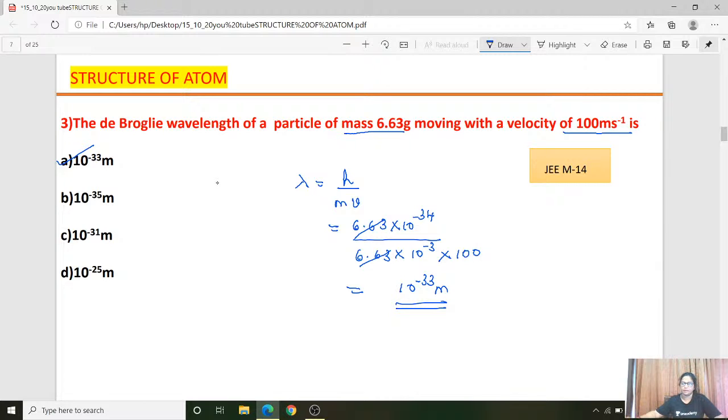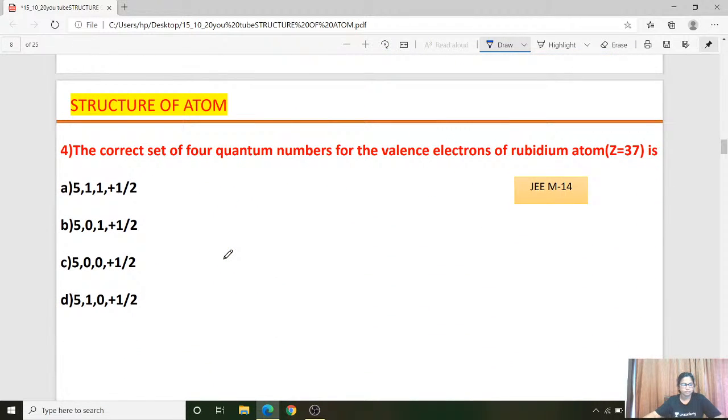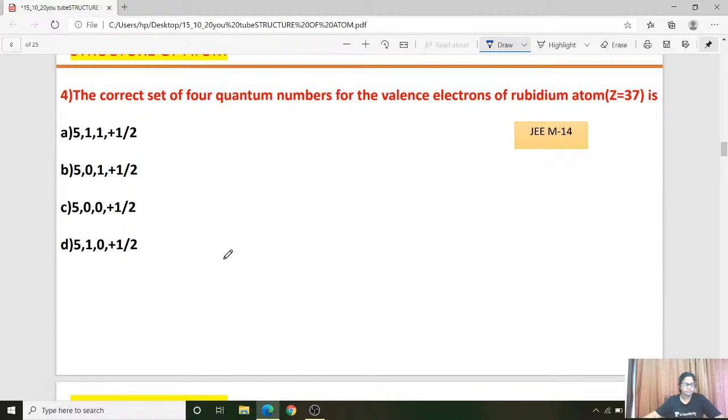Is there anyone who is from class 11 who has joined, presently in class 11? Okay.